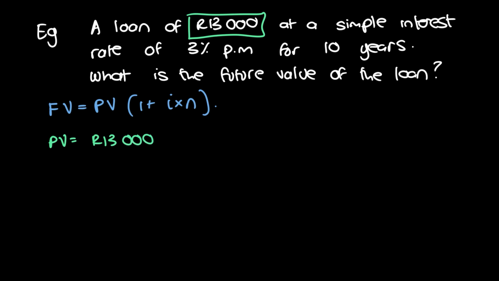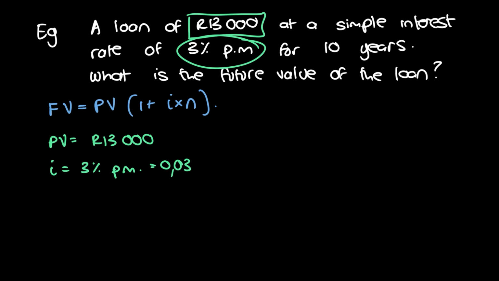We have a simple interest rate of 3% per month. So we have I here equal to 3% per month, which is equal to 0.03. Now, technically, when we're representing I, we can actually represent I in terms of saying what the periods are.